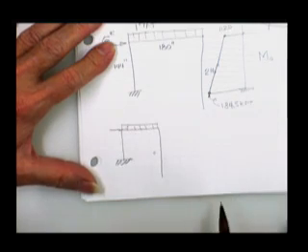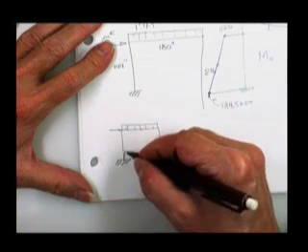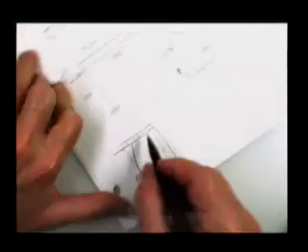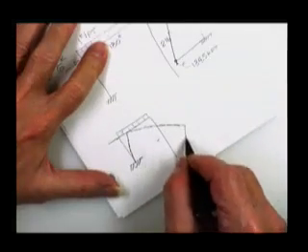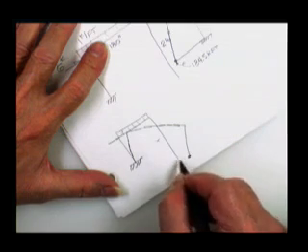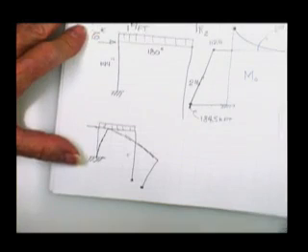This is the moment diagram that goes with that case. Here is the deflected shape. And I have no idea if I have shown that properly. I don't know if it really ends up moving to the right, up, down, left, rotating clockwise, counterclockwise. I don't care.